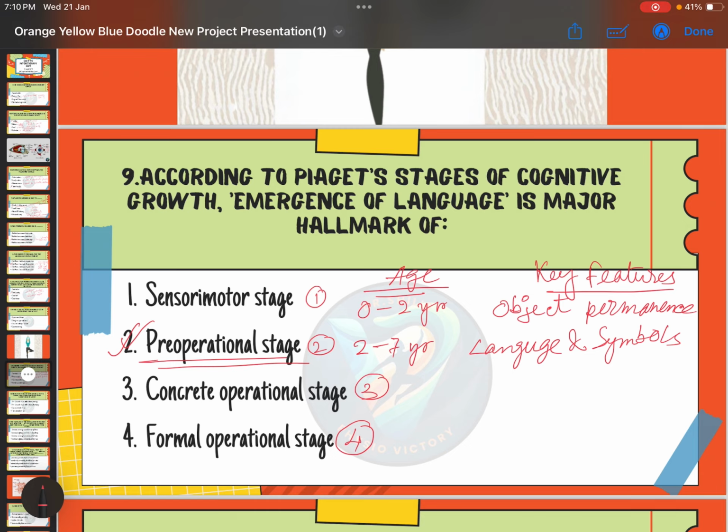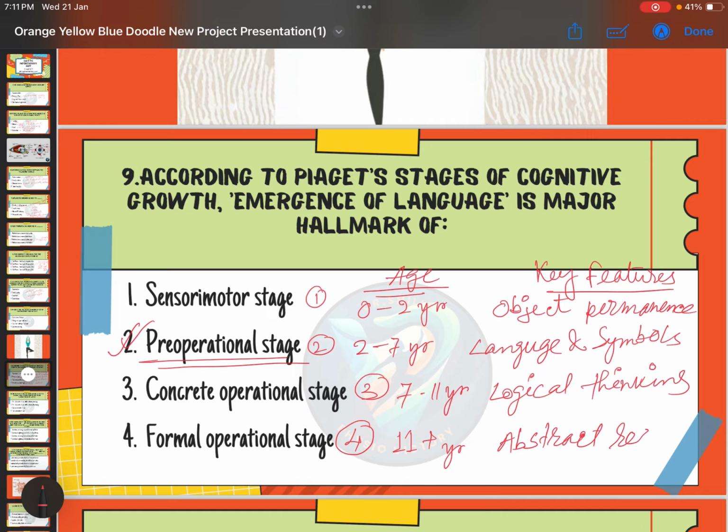Concrete operational stage is from 7 to 11 years, and logical thinking is the key feature. For the formal operational stage, 11 years plus, abstract reasoning is the key feature.